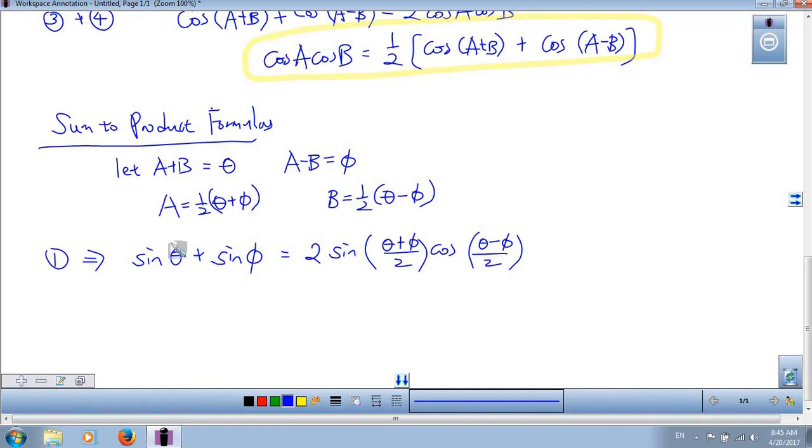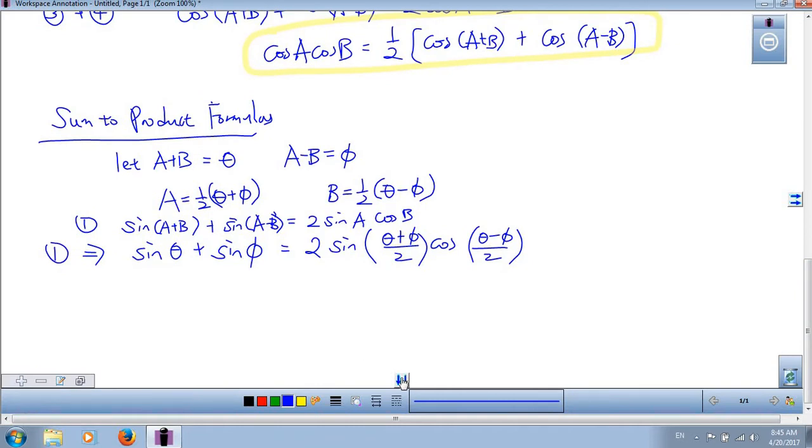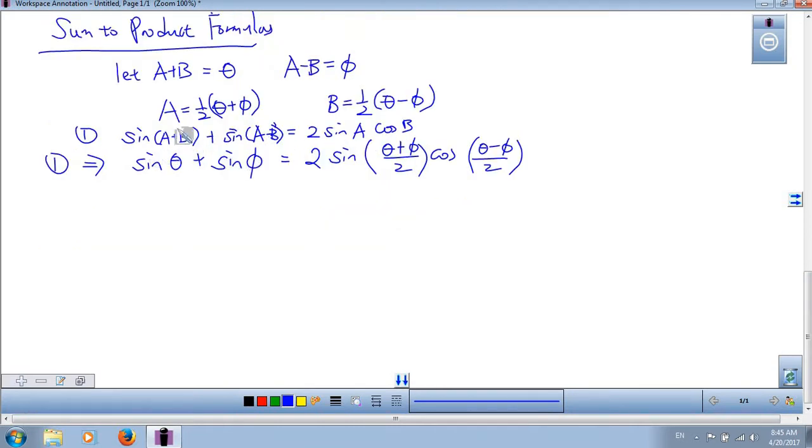Actually, let me go ahead and write this very quickly. What we did was sine A plus B, this is equation 1. Sine A plus B plus sine A minus B equal to 2 sine A cosine B. So this is the original equation that we derived from the sum and difference formula, and all we're doing is replacing A plus B, A minus B with a different angle.